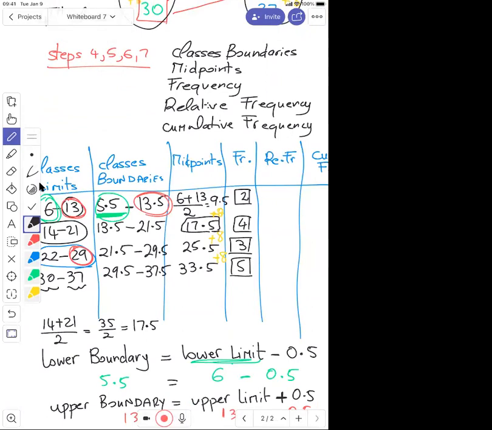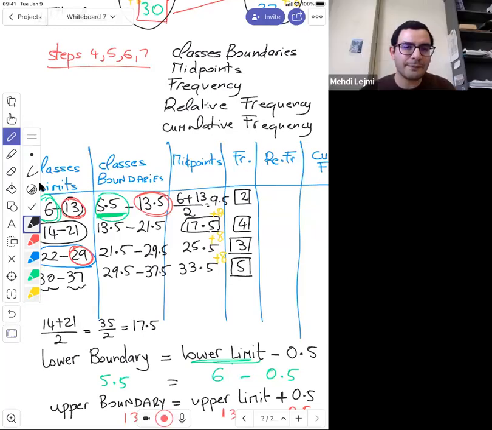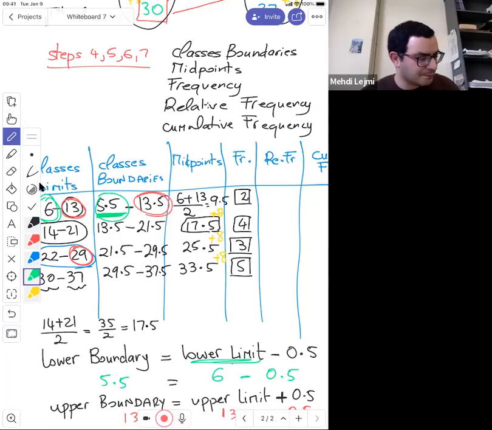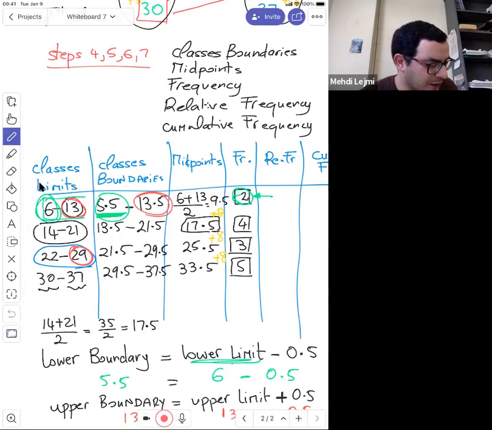Can you repeat this part again? How I got the 2, 4, 3, 5? So do you understand how I got the 2 for the first class? The first class interval is from 6 to 13. You see this 6 to 13 here, right?